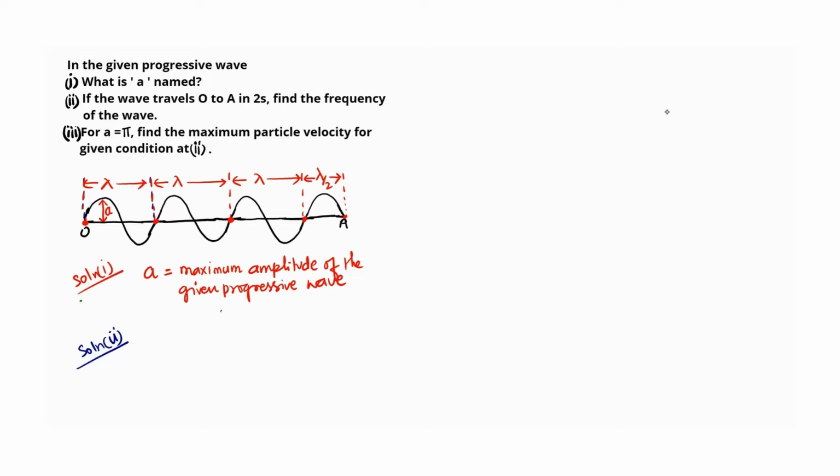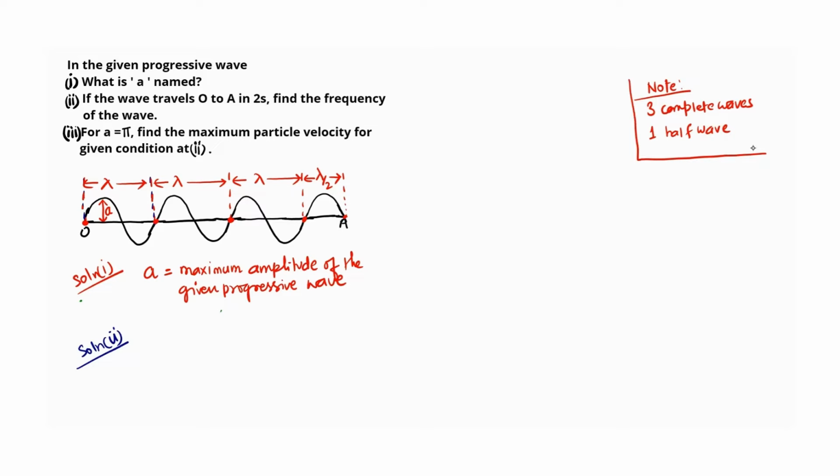So this distance is lambda by 2. So what you find? I'm writing over here, we find 3 complete waves and 1 half wave.